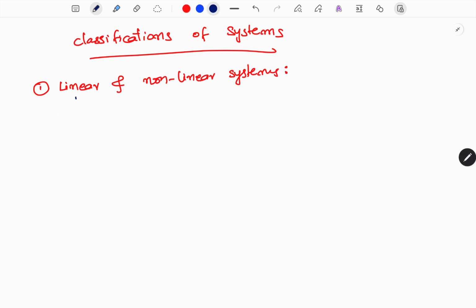What is a linear system? A linear system is one which satisfies the superposition theorem. What is the superposition theorem?